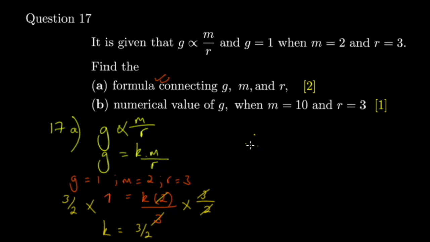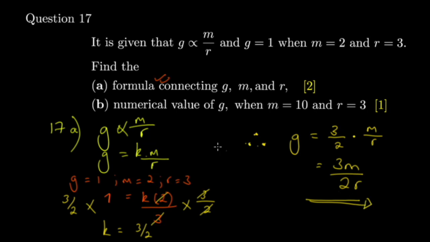So therefore G is equal to 3 over 2 M over R. So G is equal to 3M over 2R. This one is our formula. This is the formula that they require.